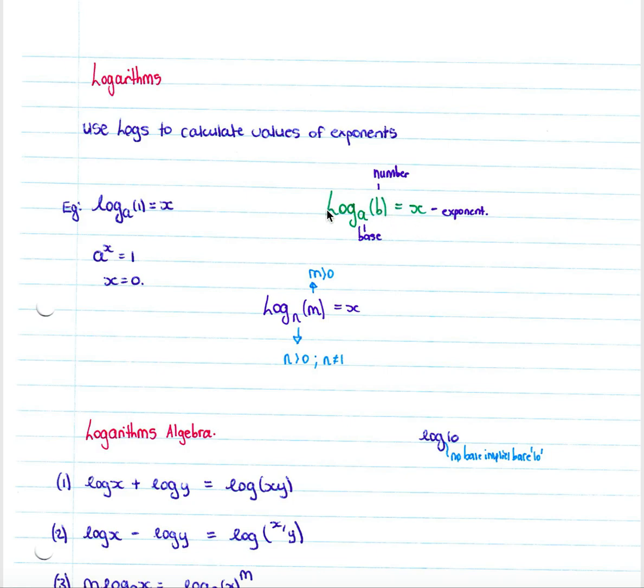So when we write it in logarithmic form, we go log base a, a is now our base, b is our constant, or our number that our exponent and our base are equal to, equals our exponent. And in this way, it enables us to solve for x being our exponent.